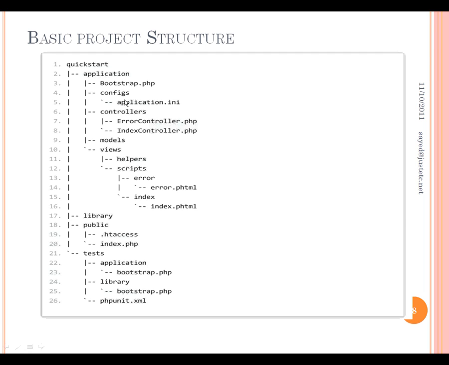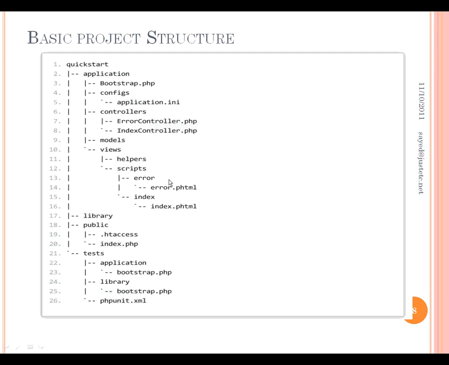Configs, we provide different sorts of configs, application related, database related, all those things. Also there are some zdef related commands that can update this application configuration file automatically. Controllers, these are the controllers. You can see by default the error controller and index controller, these are the two basic controllers. They are automatically created. Models, by default there is no model, but there are some views.